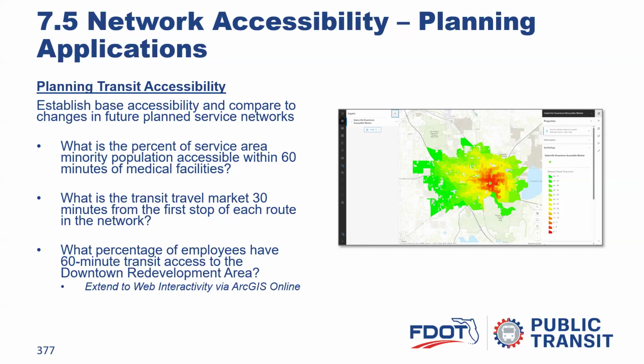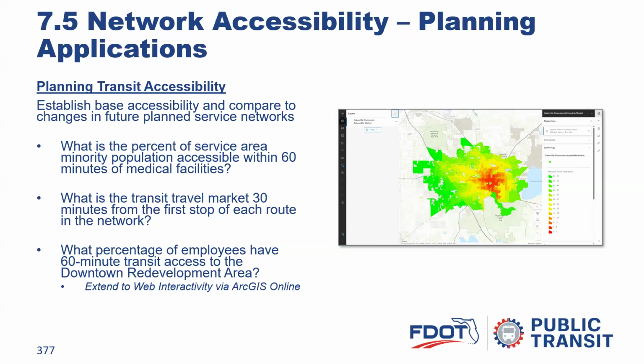using the parcel data, right? So we know the medical facilities or hospitals, and then we can say, find all those stops that have a hospital by them, and then calculate the total minority population that's accessible from hospitals, right? Or there's a special generator that's a hospital. So you can just find all the hospitals' stops and calculate the percent of the service area minority population that's accessible within 60 minutes.